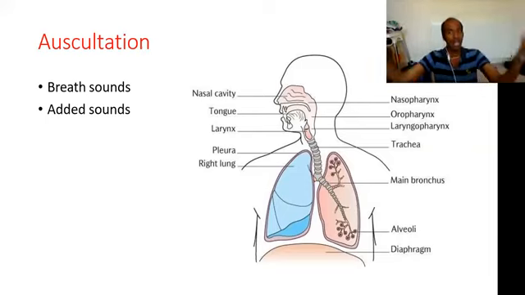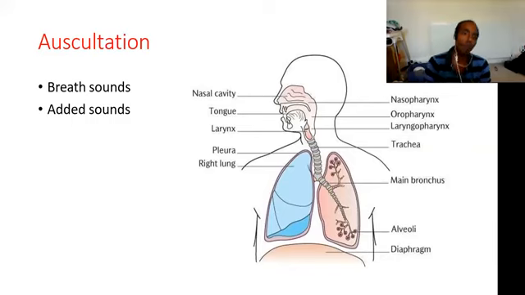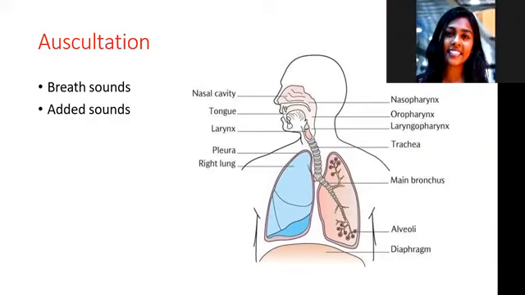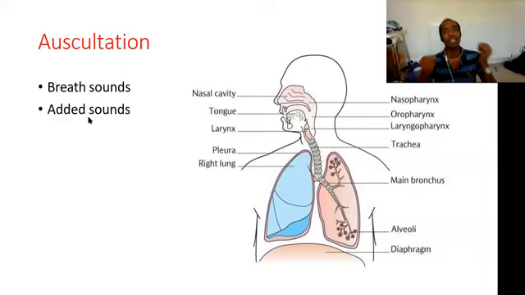And that is a character of breath sounds. Also comment on the intensity of breath sounds. Also, we are talking about added sounds, crackles, rhonchi. So when you're auscultating, keep your ears open for these things: the character and intensity of the breath sounds, and also added sounds like crepitations or rhonchi.